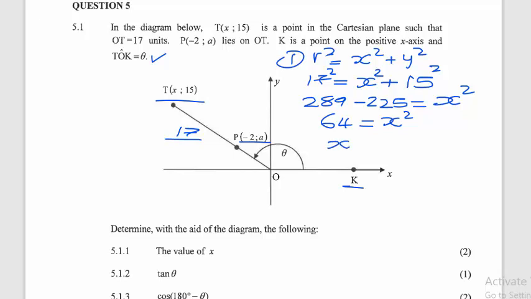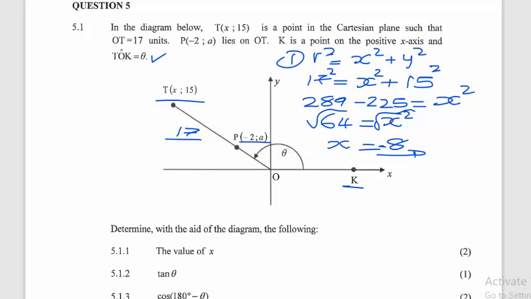So x in this case, we can find by square rooting both sides. The square root of 64 is 8. The square root of x squared is x. And like I was pointing out, it's in the second quadrant and the x is negative there. So this x should be negative. So -8 is our answer for that, 2 marks.